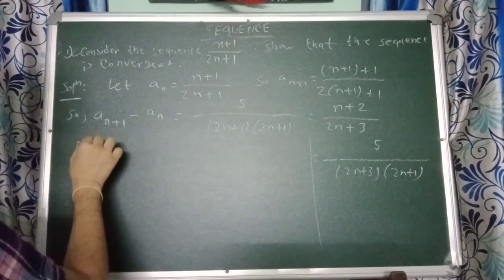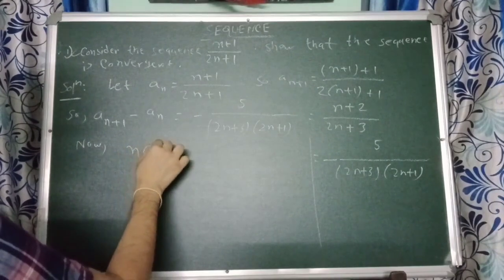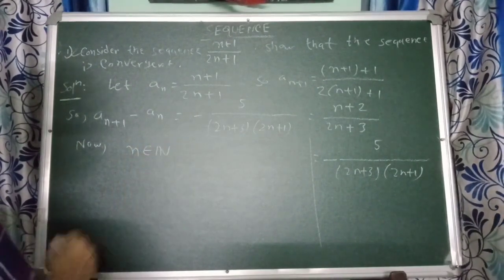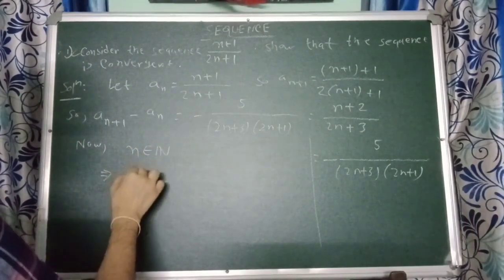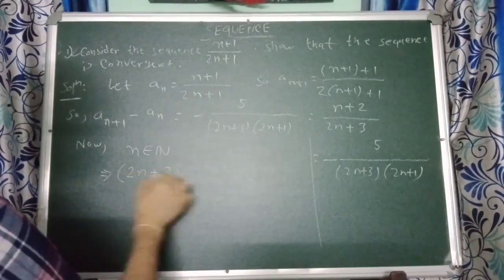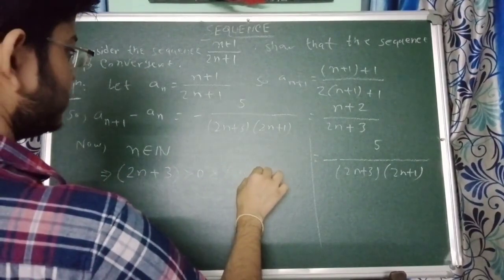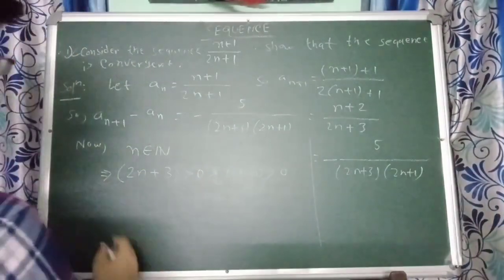Now, n belongs to natural number. So it is obvious that 2n+3 is greater than 0, and also 2n+1 is greater than 0.